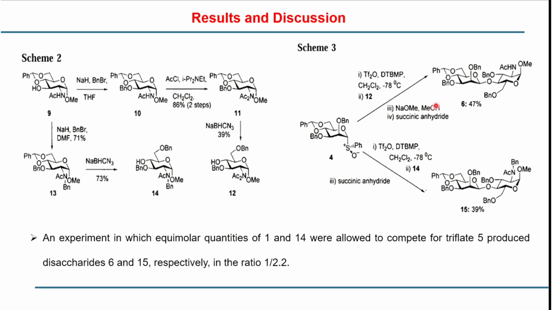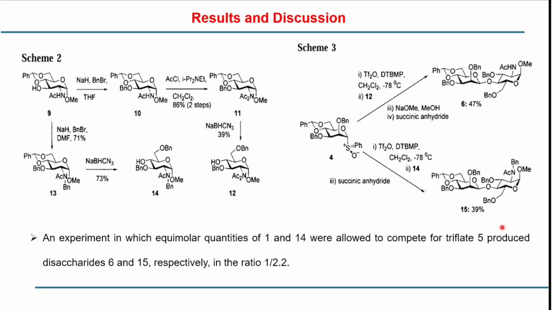Succinic anhydride was then used to remove any polar methanol present by forming the succinic ester, so they could easily purify the compound. With acceptor 12, the N-acetyl one, they got 47% yield, and with acceptor 14, they got 39% yield.